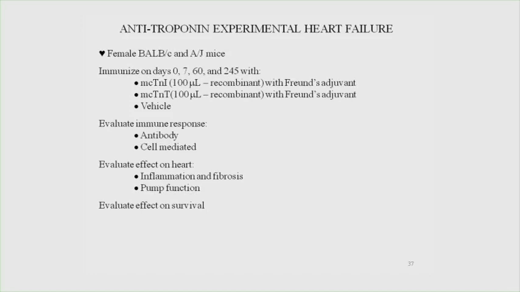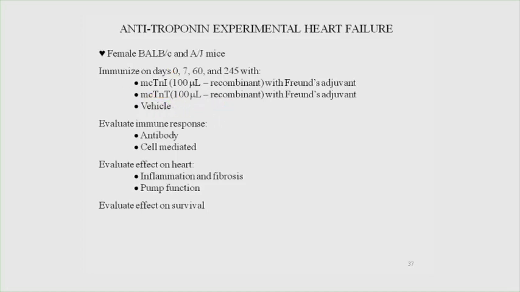When you get any vaccine, you get the protein of the microbe that you want the immune system to mount a protective immune response to, but they always put in an adjuvant to rev up the immune system so it will recognize that. So these animals are given troponin I in an immune stimulatory fashion, and you're going to mount an immune response to troponin I. Another group gets troponin T, a third group gets vehicle, that's the control group.